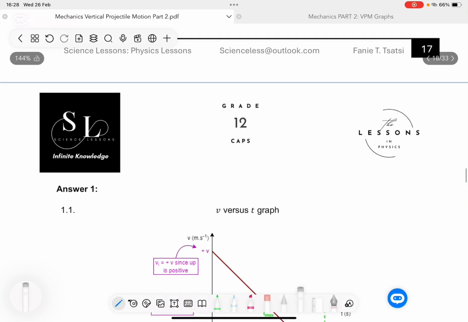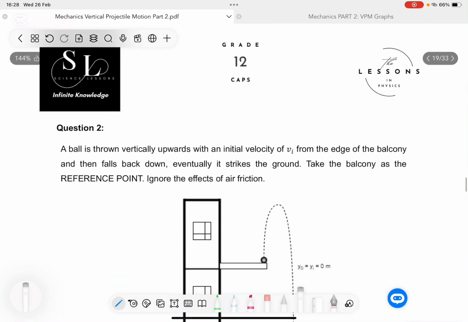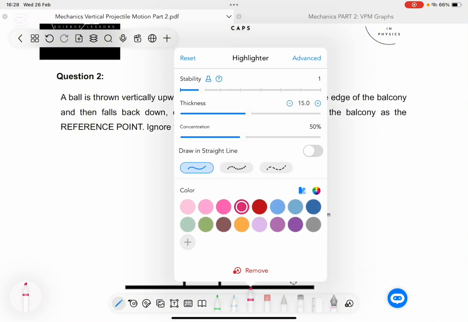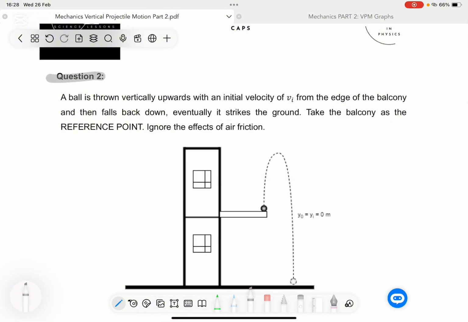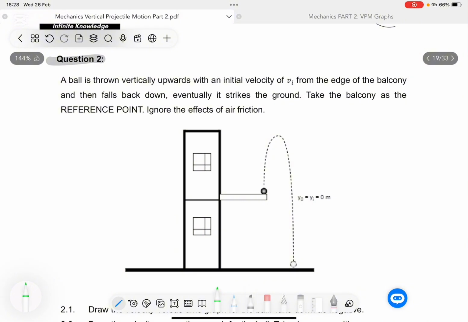Let us look at a different scenario by going through question 2. Question 2 says that a ball is thrown vertically upwards with an initial velocity vi from the edge of the balcony, and then falls back down.